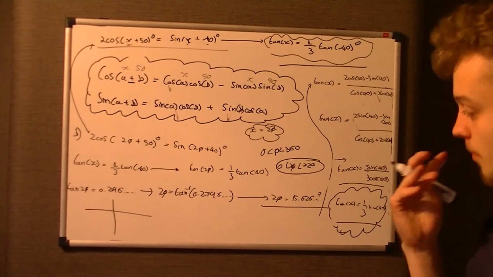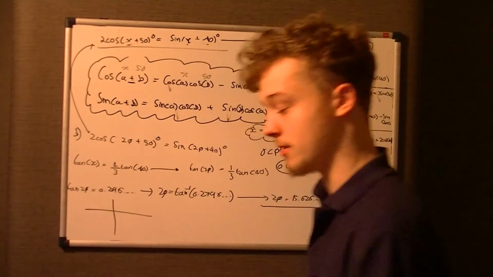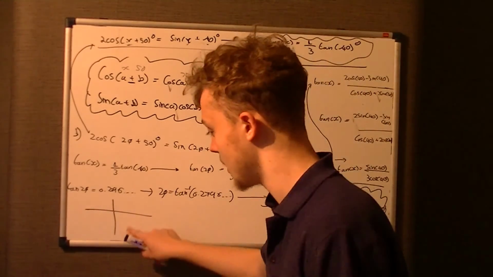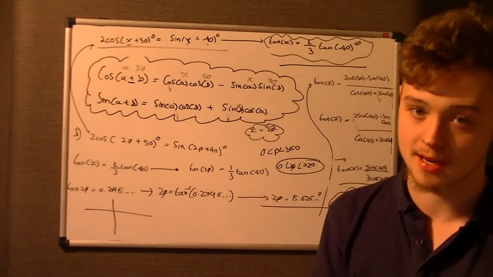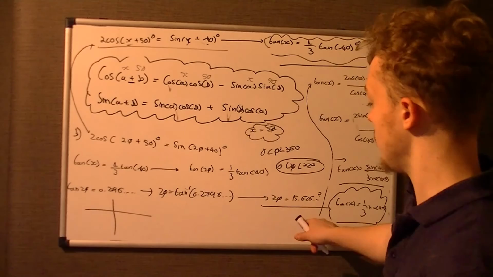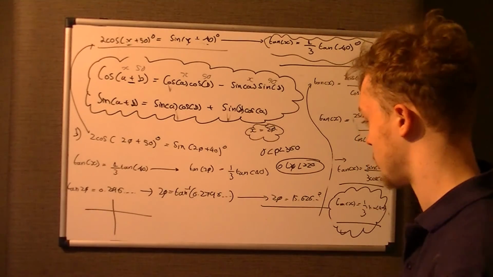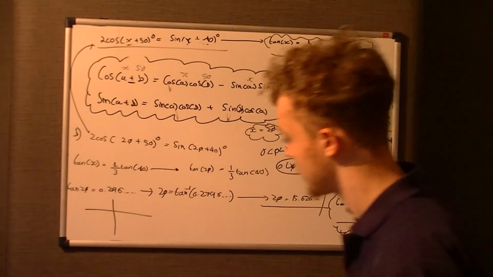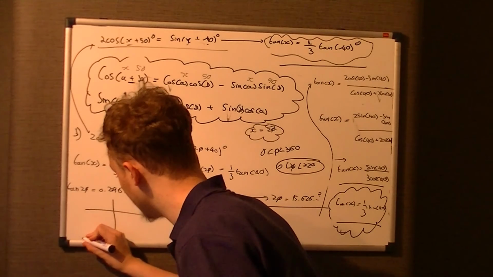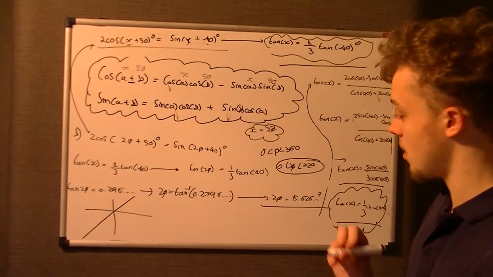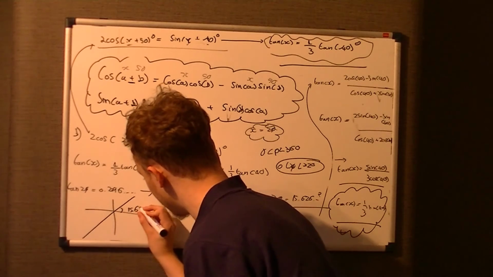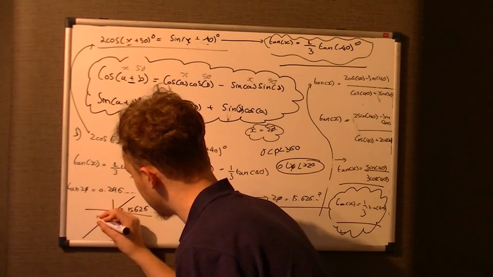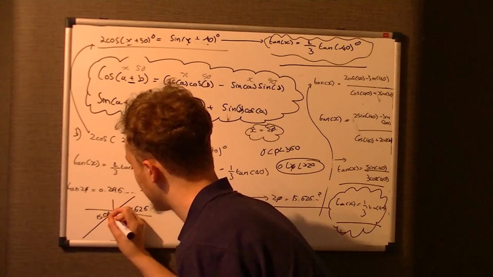The reason it's positive is because the tan of the answer is positive, not necessarily the angle that's being tanned. So we worked out what 2 theta was, which is 15.626, and we look where tan and all of them are positive, and that gives us our diagonal line, and we get 15.626 degrees here and 15.626 degrees here.